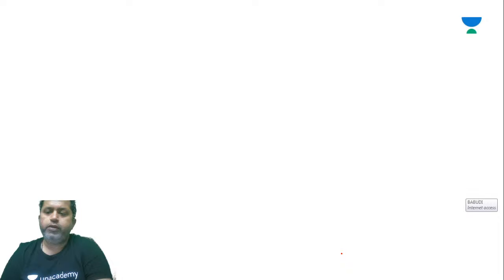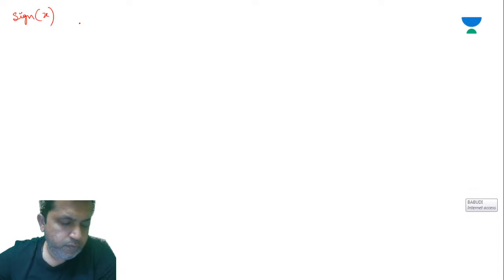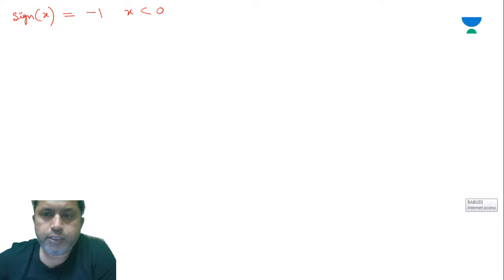So simple. Okay. Next is the sign function. Sign, not sine. The sign function is equal to minus 1 if x is less than 0, equal to 0 if x equals 0, and equal to plus 1 if x is greater than 0.